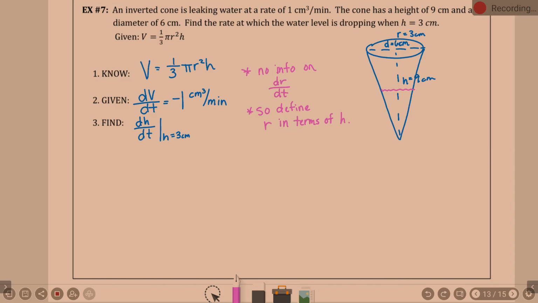With that height and radius, I can create a right triangle. This is a right triangle right here. So I know I have a right triangle that has a height of 9, a radius of 3.